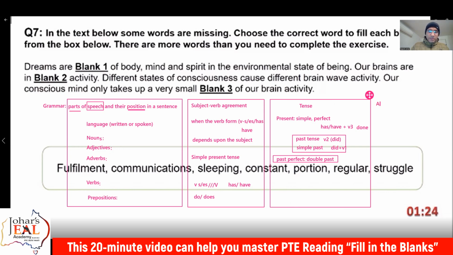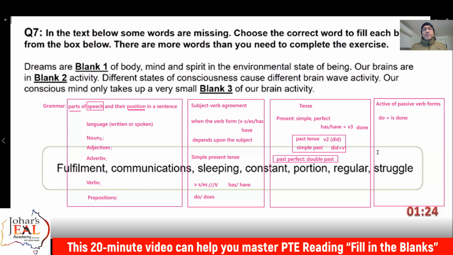Whether the verb is in active or passive form can also help you. For example, do is the active verb form; its passive verb form is done: was done, is done, am done, are done.